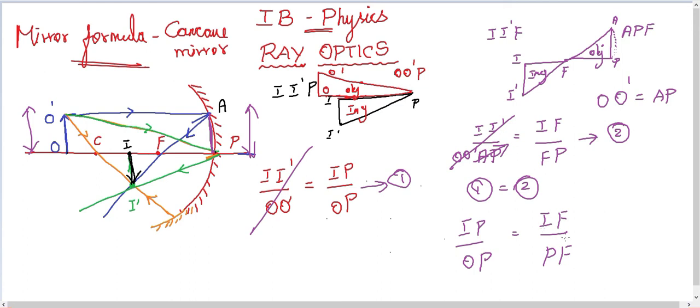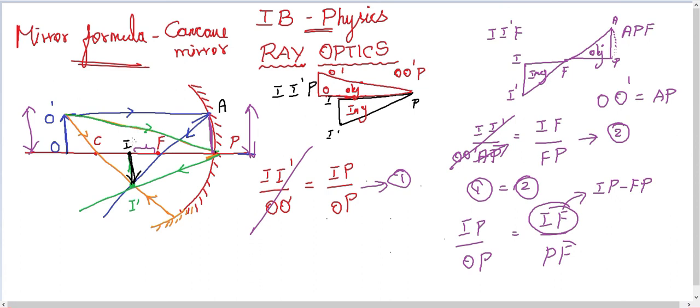So here, instead of IF, I can replace it with IP minus FP, right? IP minus FP.